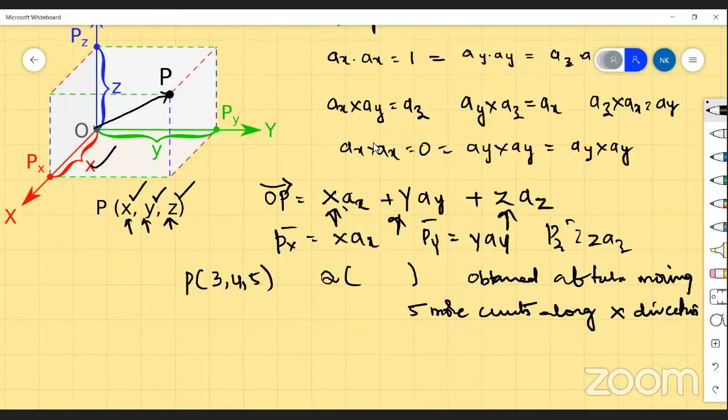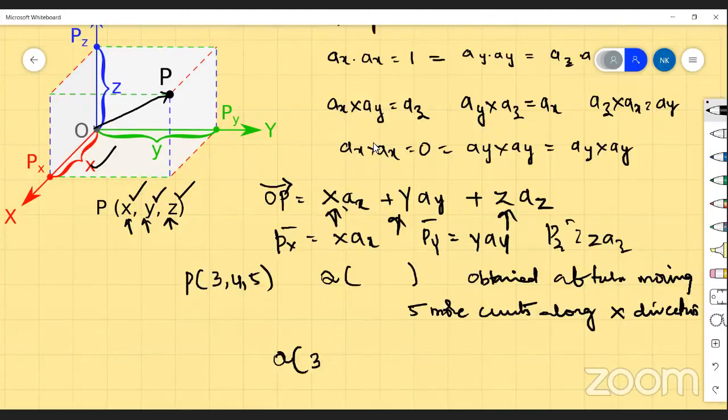If it is moving 5 more units along x direction, what is the point it will be?